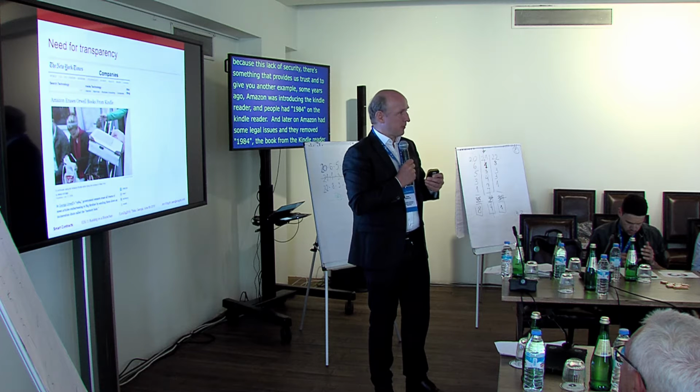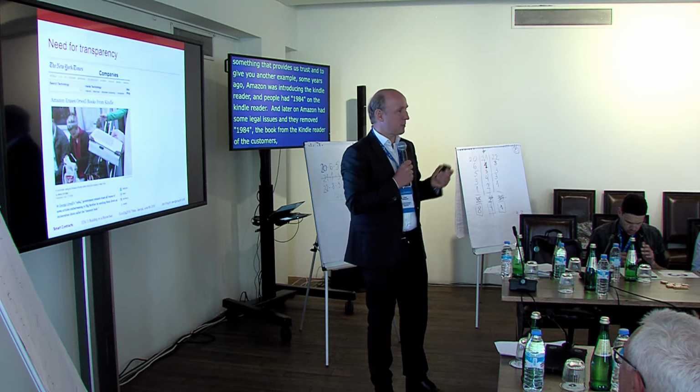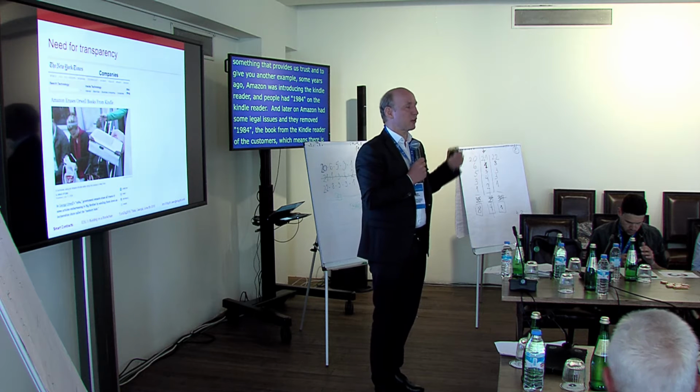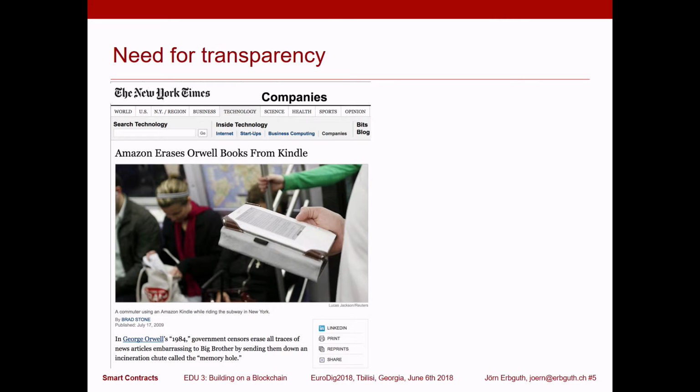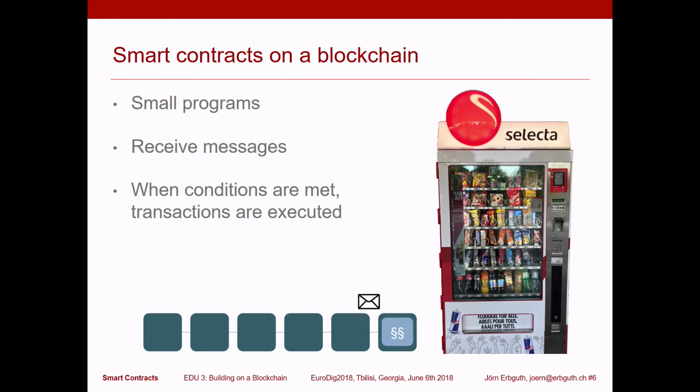Which means there is some automated system, and they can just change the rules. And that's what we don't want. That's the reason why we use blockchain there, because it's immutable. It means you have a ledger that cannot be changed just by one party.